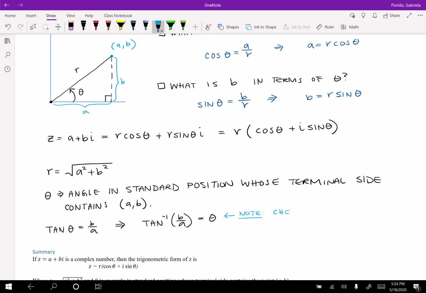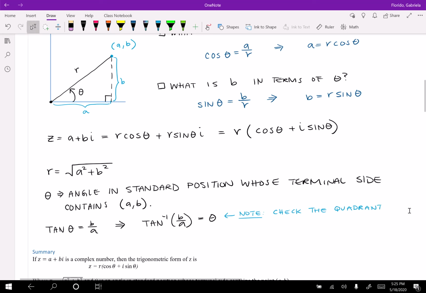Check the quadrant. So hopefully this gives you a little bit of an idea of what I'm talking about. Make sure that you are considering which quadrant this angle lands in.